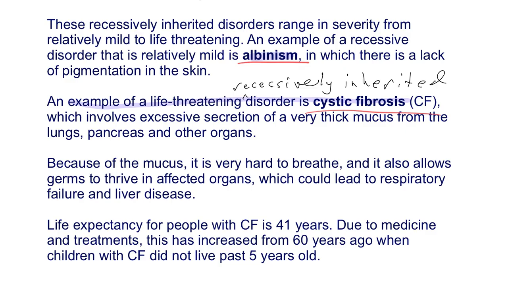If you're carrying it, you're totally healthy because the dominant allele makes up for the recessive. It's completely dominant. And even though you, being a carrier, are healthy, you could pass that recessive allele to your children through your gamete.